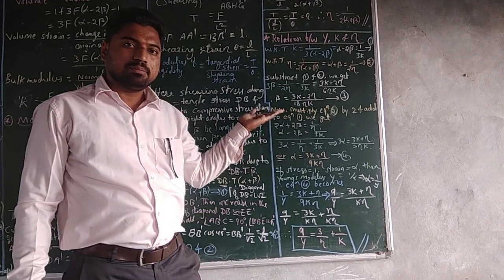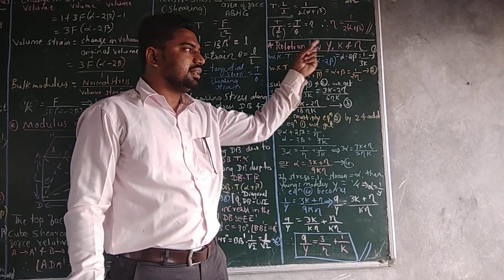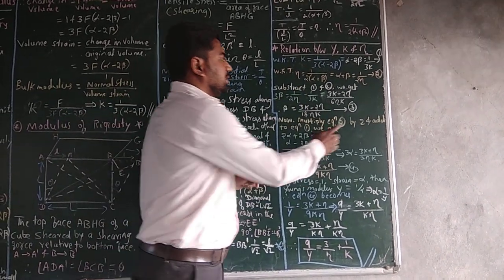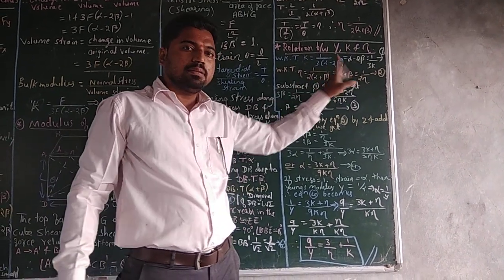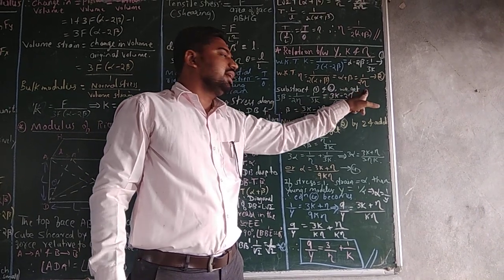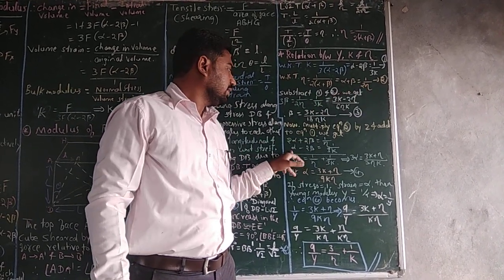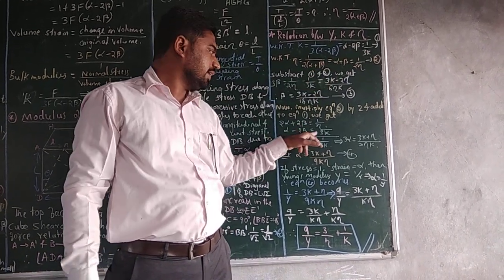Okay, now multiply equation 2 by 2 and add that to equation number 1. What is equation number 2? Alpha plus beta equal to 1 by 2 eta. Multiply equation 2 by 2. That is 2 alpha plus 2 beta, which is equal to 1 by eta. The 2 cancels. And add that to equation 1. What is equation 1? Alpha minus 2 beta equal to 1 divided by 3K.